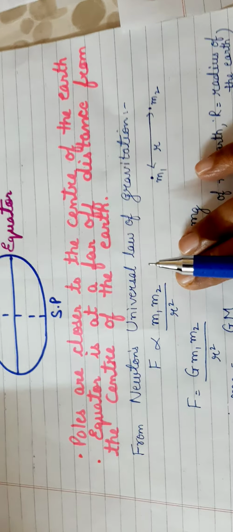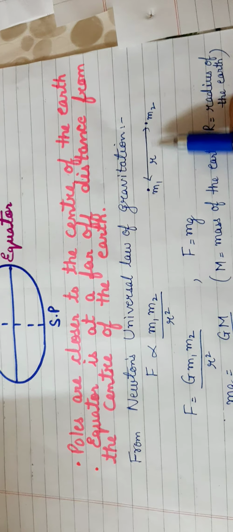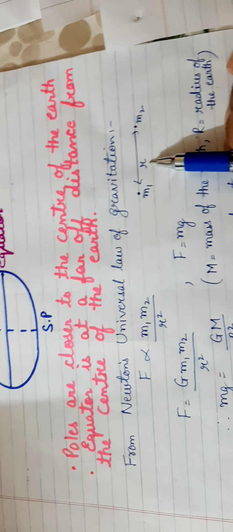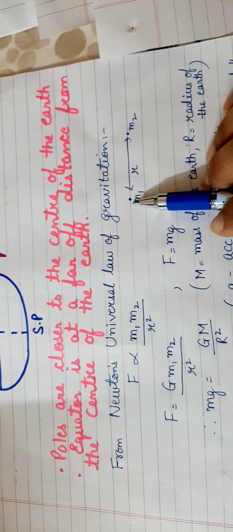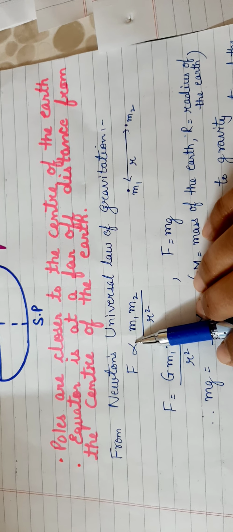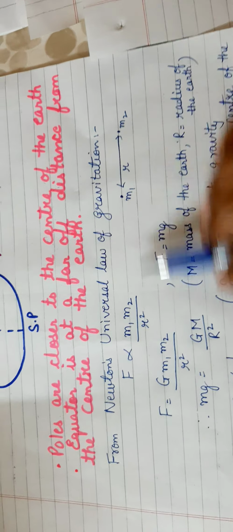According to Newton's universal law of gravitation, if there are 2 point masses lying on the surface of the earth and they are separated by a distance of r, small r being the distance of separation between the 2 point masses m1 and m2, then the first object exerts a force of attraction on the second, and the second exerts a force on the first, such that the force of attraction is directly proportional to the product of the masses and inversely proportional to the square of the distance between them.